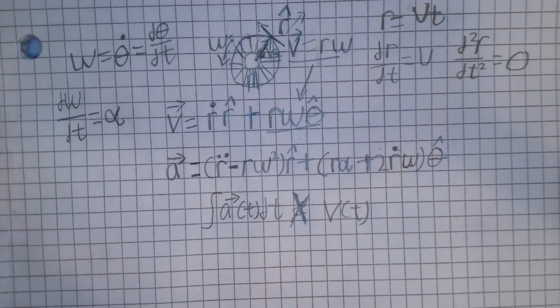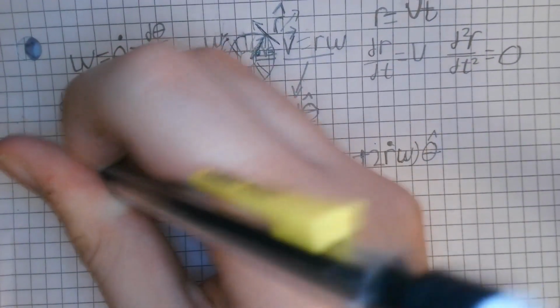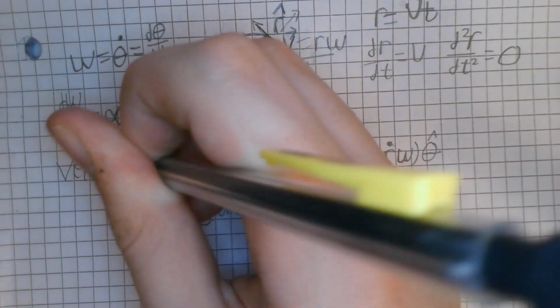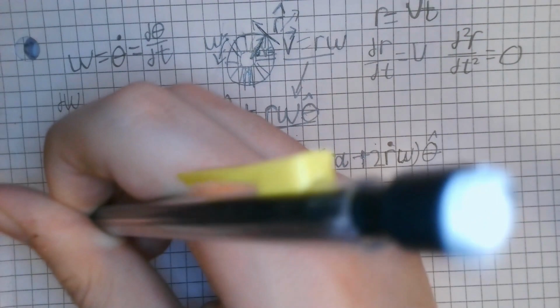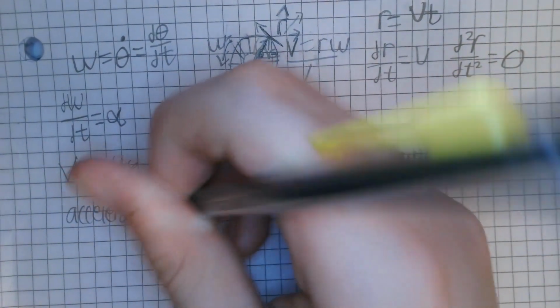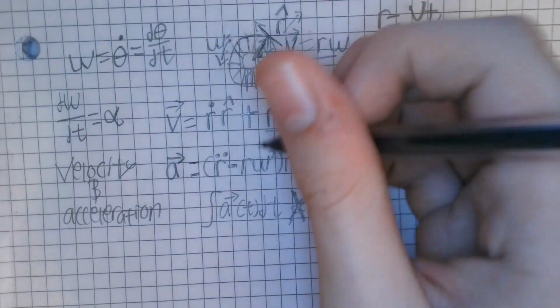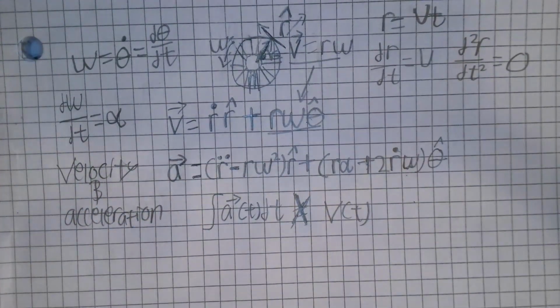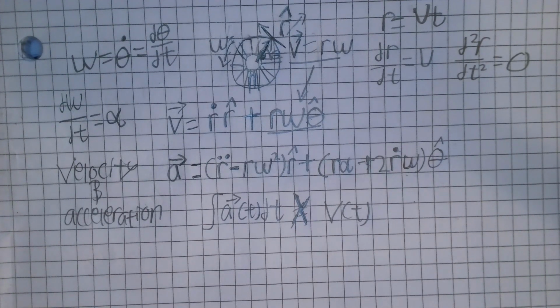So if you want to, pause the video here. Go ahead and try to find that on your own. I wouldn't really expect you to do it from the very start of me giving you the problem because you don't have these equations yet. You need these equations first, right? But now, go ahead and see if you can do it. Take a shot at it. It's really not as hard as you're going to think it is.